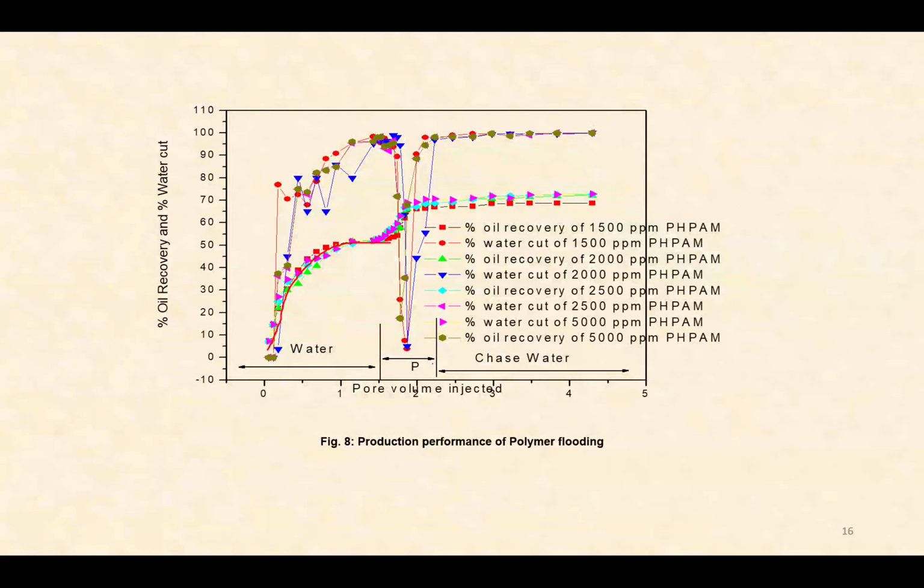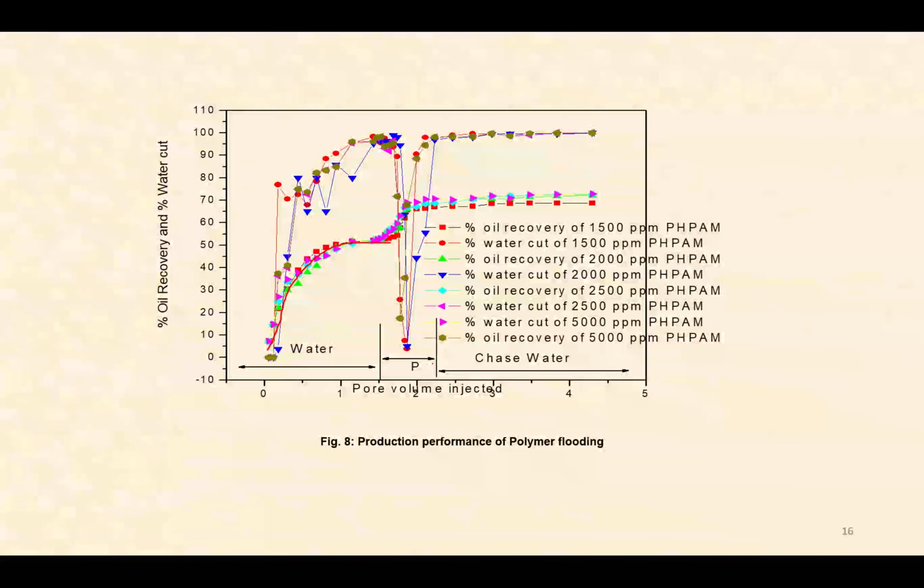The polymer or this surfactant is not continuously injected, only a certain pore volume, maybe 1 pore volume or 1.5 pore volume, or sometimes less than 1 pore volume, just to form the oil bank by mobilizing the trapped oil.